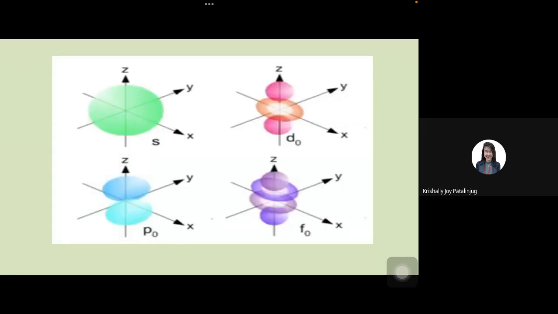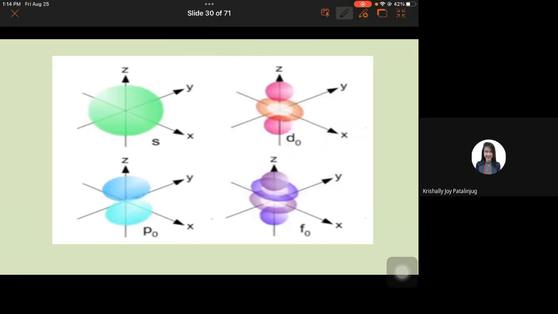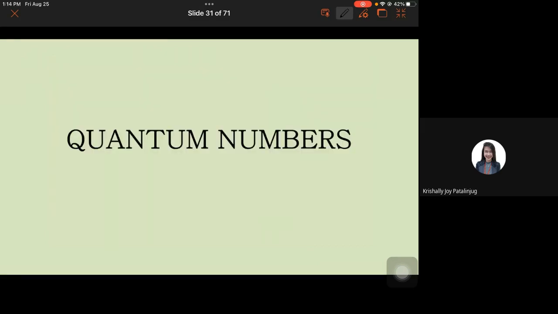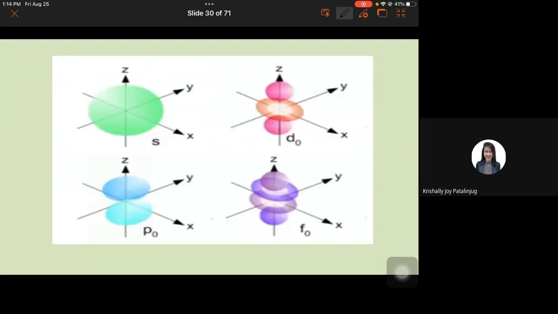Please take note that in chemistry, if you talk about the arrangement of electrons in an atom, the concept that will be studied would be quantum numbers.